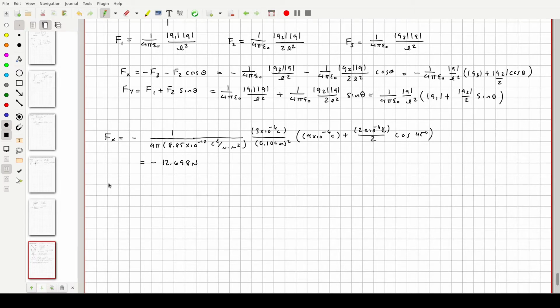So let's do the second one. Let's do Fy. Again, this is positive, by the way. 1 over 4 pi epsilon naught.